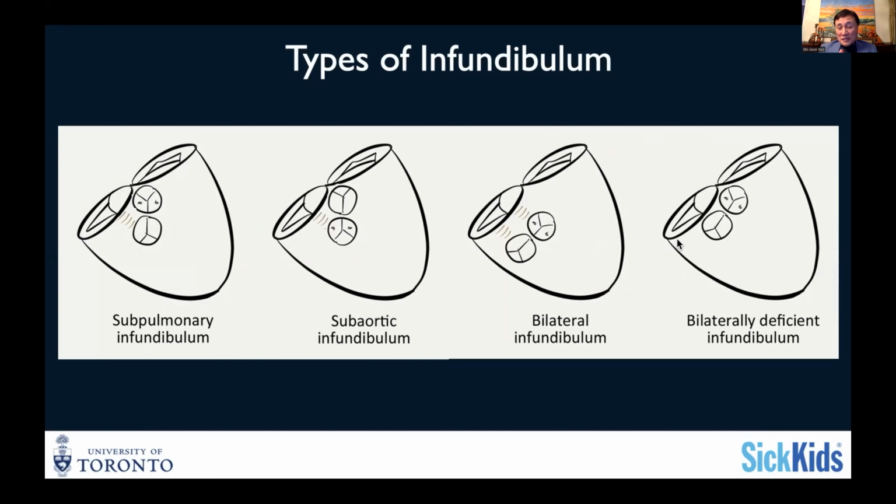When you have bilaterally deficient infundibulum, usually that belongs to the posterior ventricle, which is usually the left ventricle. That's why double outlet left ventricle is usually associated with bilaterally deficient infundibulum. But be sure this is a general tendency, not always at all. Okay.